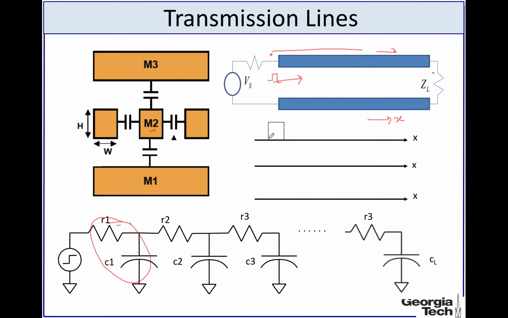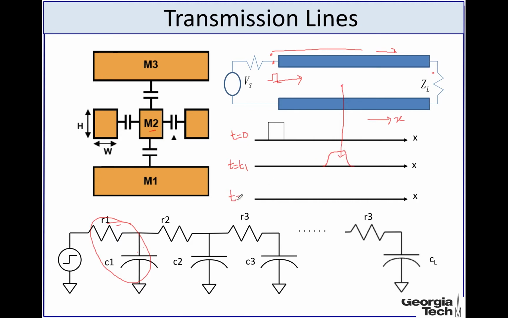Not only that, the shape of the wave of the signal will also get distorted. So let me tell you what I mean. Let's say at time t equals 0, an input is applied at this point over here, and the input looks like this, and the x-axis is x. Say at some time t equals t1, this signal comes to say here, and the signal will actually look something like this. It will get distorted, it will not have sharp edges.